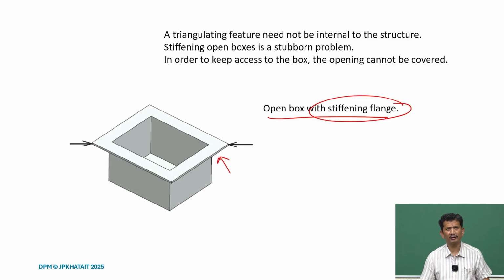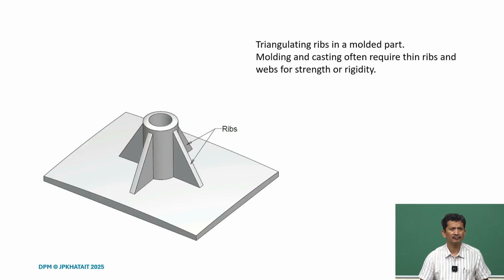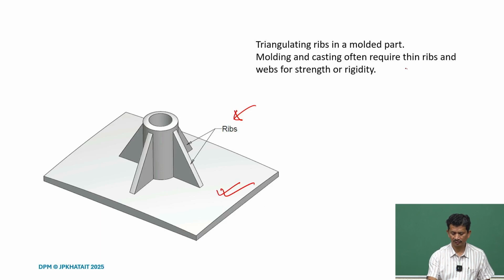This will provide the required stiffness, the triangulation required, and we'll get a stiff box with the opening. We also provide ribs in many designs, to provide proper support with the base. So thin ribs and webs again add rigidity to the structure.